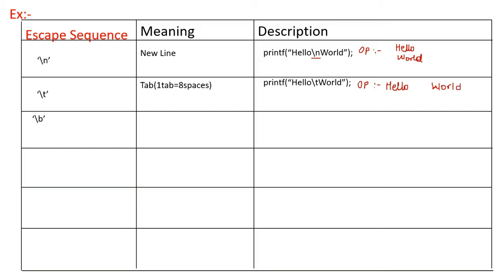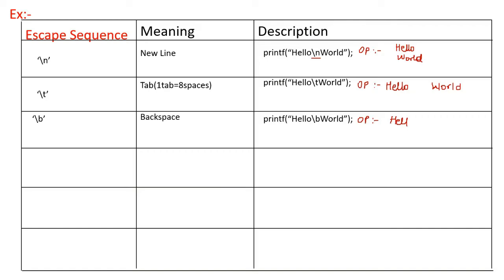Next is slash b, which means backspace. If the code is printf hello slash b world, then the output of it will be HELL.